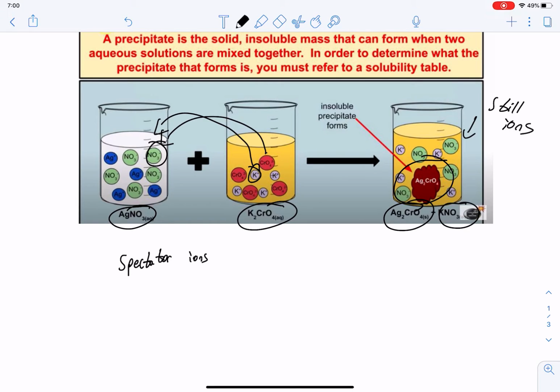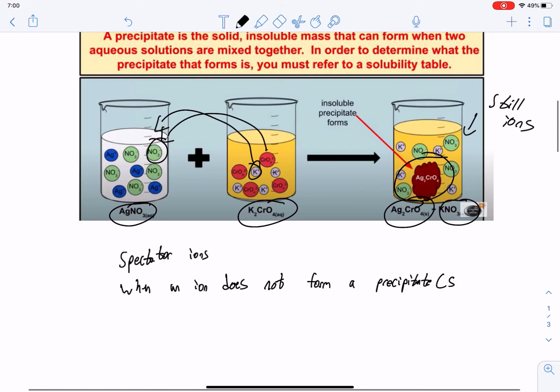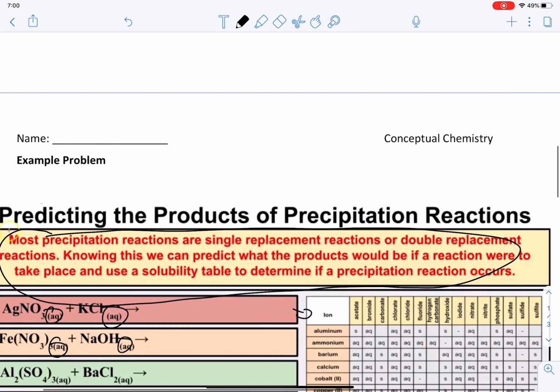They do form potassium nitrate, but it's basically when an ion does not form a precipitate, a fancy way of saying solid, in a reaction. Okay, so spectator ions just stay in the solution.